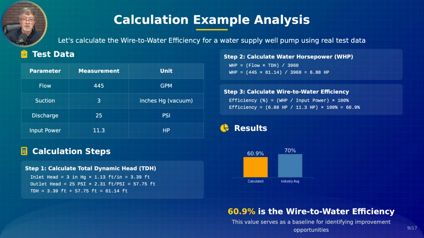Now we want to calculate our water horsepower: flow times total dynamic head divided by 3960. That's 445 times 61.14 divided by 3960, which gives us 6.88 horsepower.